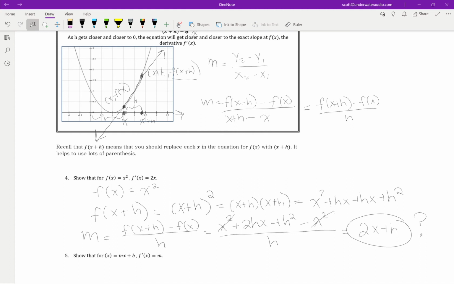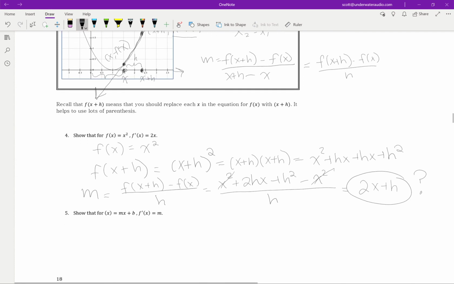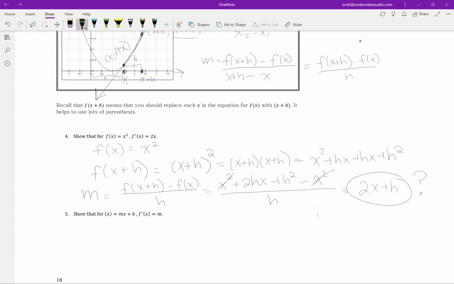So if you imagine we're making that h smaller and smaller and smaller until it's exactly the same point twice. So if h is really small, we get 2x. So that's something to think about.